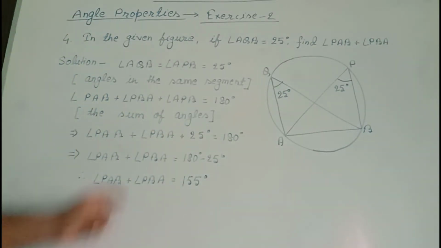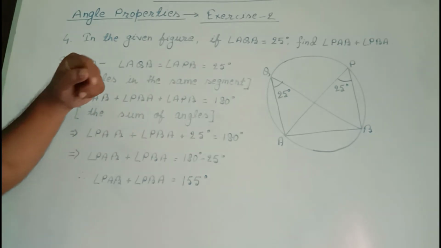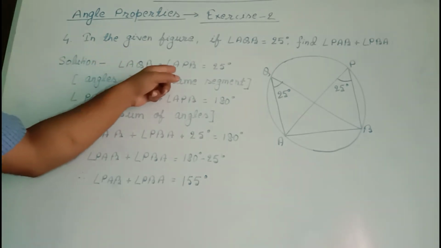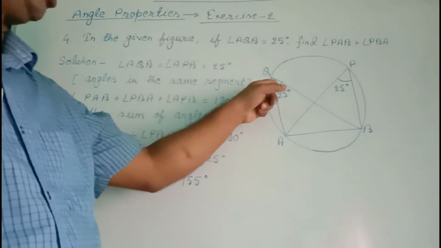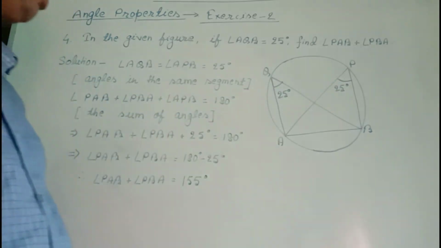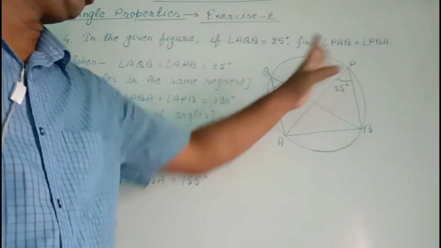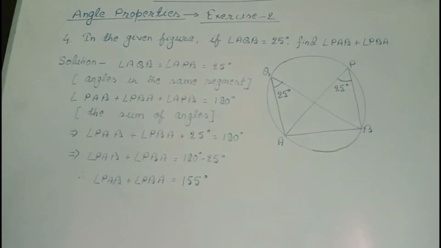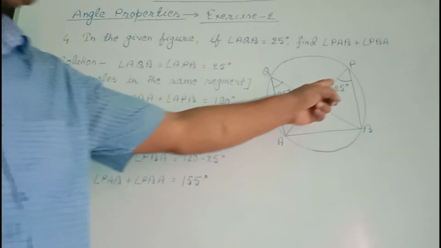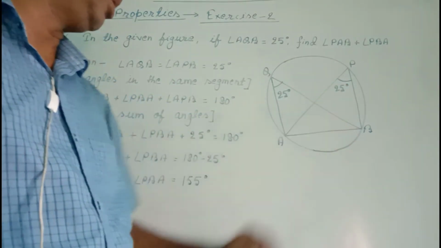As it is given angle AQB equals 25 degrees, for that we can write angle AQB equals angle APB. This angle equals this angle because angles in the same segment, that is equal to 25 degrees. So angle APB also became 25 degrees. Now we come to triangle APB, the sum of all these three angles equals 180 degrees.